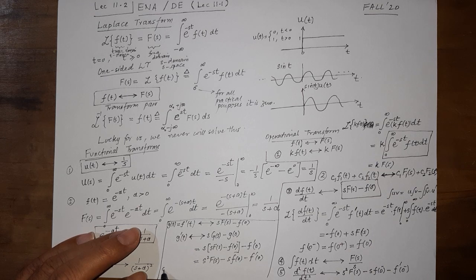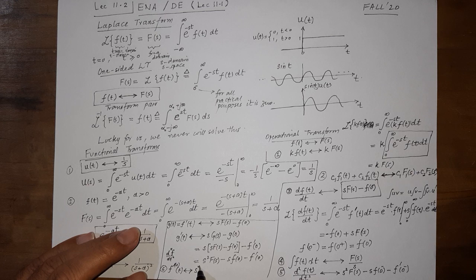And by the way, this also helps us write, if we take the nth derivative of f of t, what do you think would be the Laplace transform of this? This notation, f nth derivative of t, we should better write it like this. When we have the second derivative, we have s square here.